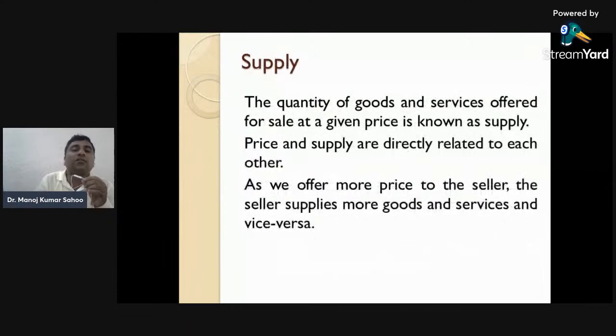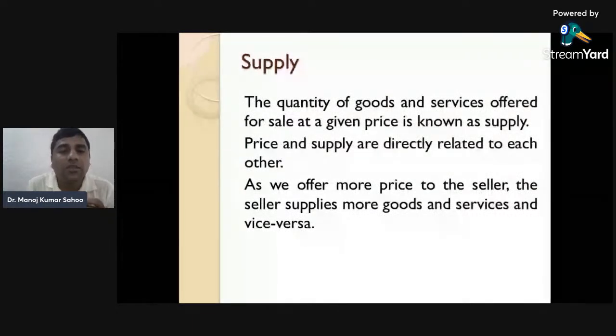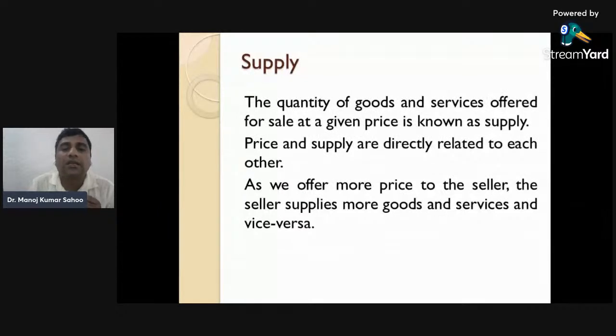Moving further, another concept is supply. What is the meaning of supply? The quantity of goods and services offered for sale at a given price is known as supply. That means whatever amount of goods we offer for sale is known as supply. And price and supply are directly related to each other.